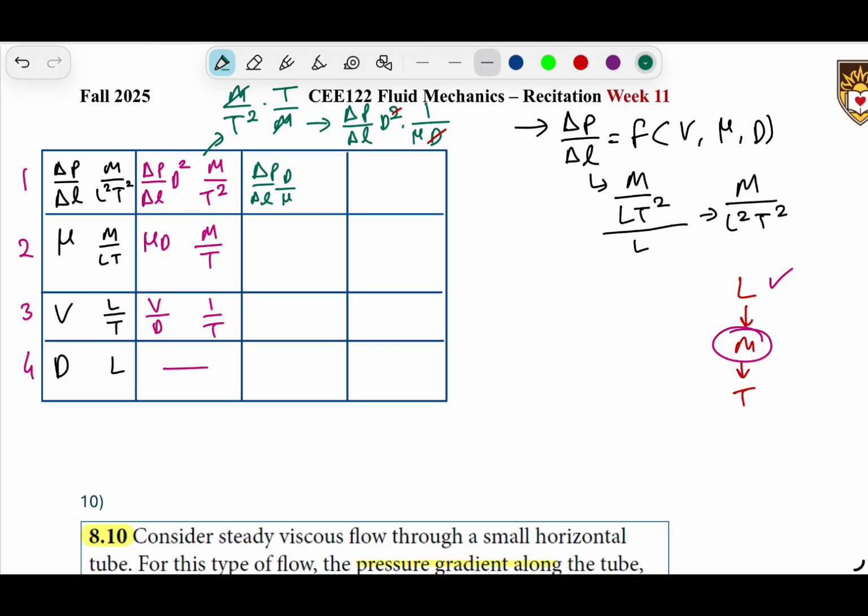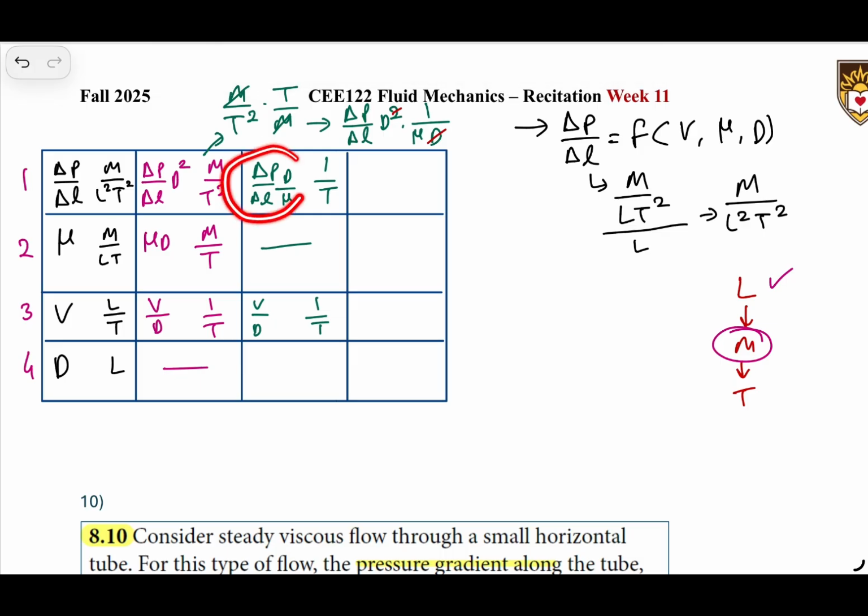So this gives us 1 over T. This gives us 1 over T. So this means we got rid of this variable and we have v over d, which is 1 over T.